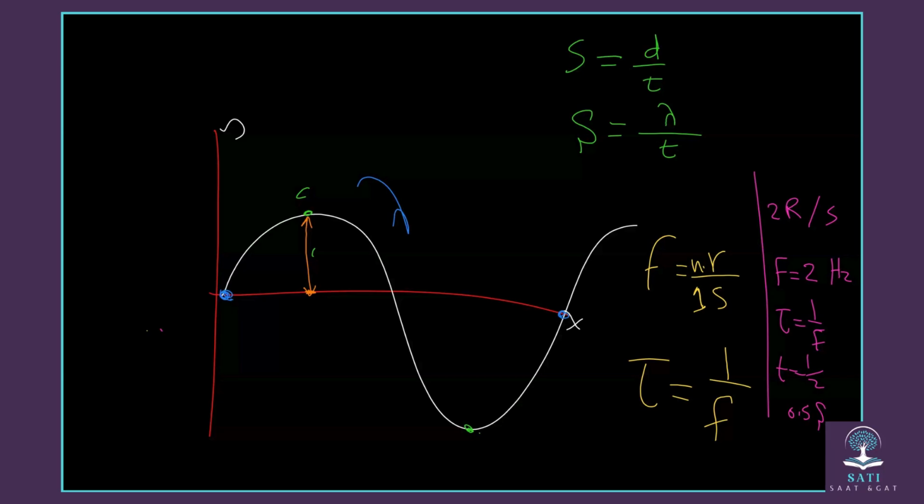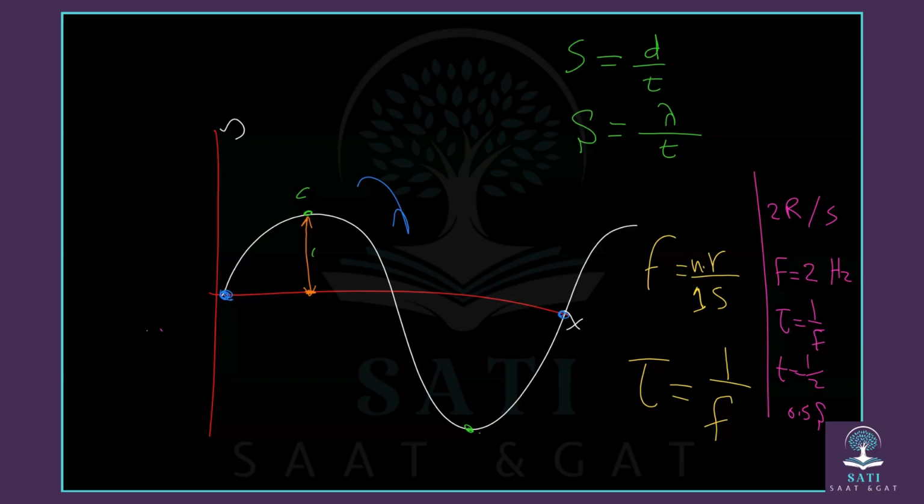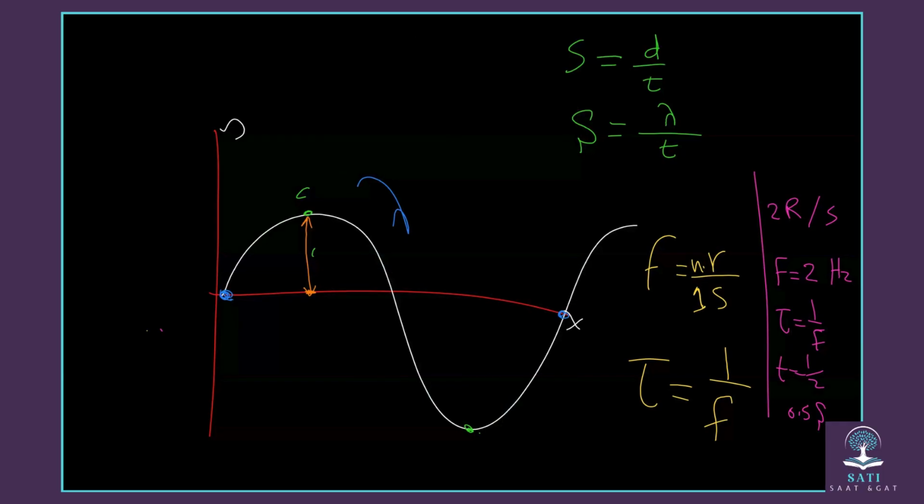So the time or the period means per 1 rotation, how much time it takes. But the frequency means per 1 second, how many rotations. So they are inverses of each other. Since T equals 1 over f, also f equals 1 over what? T.